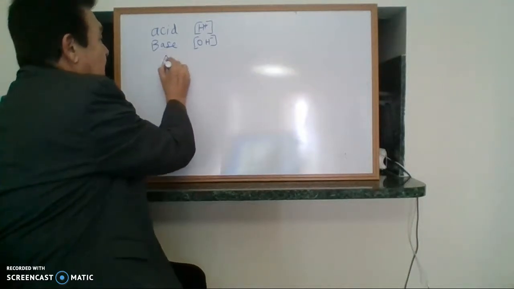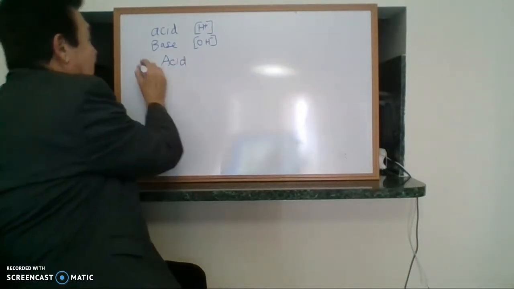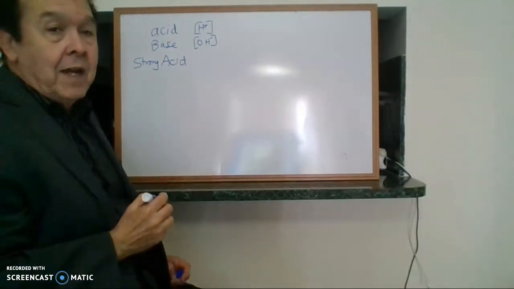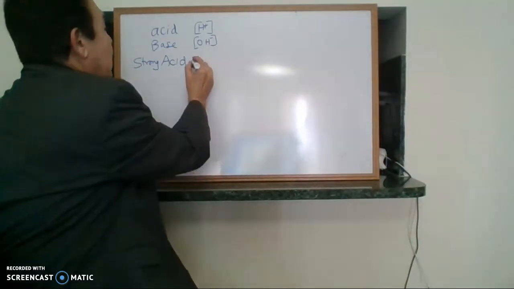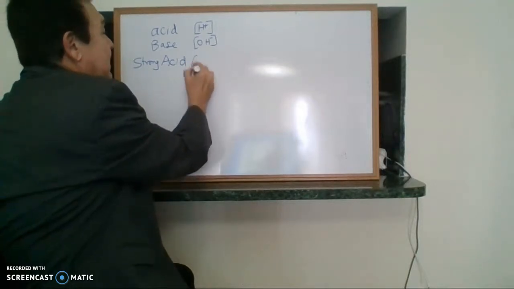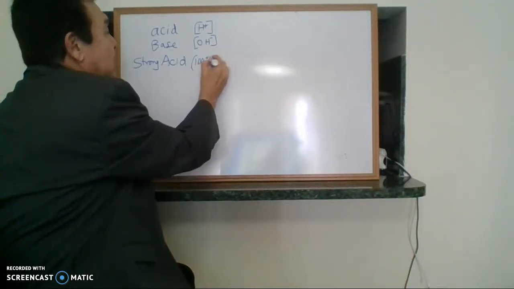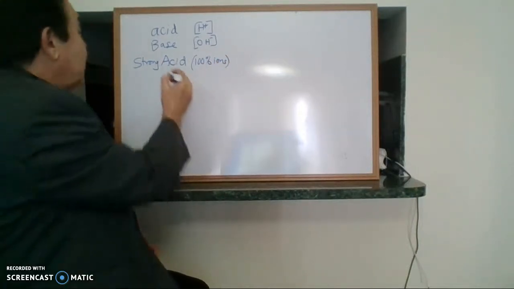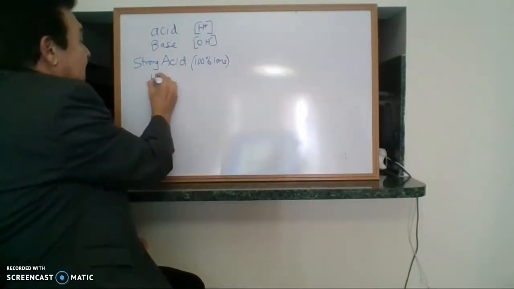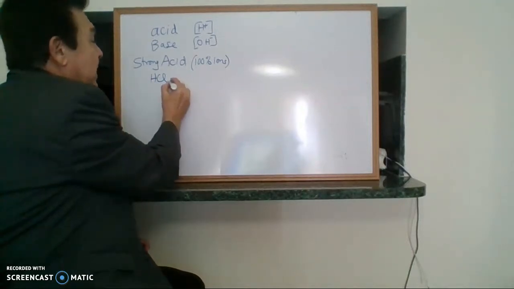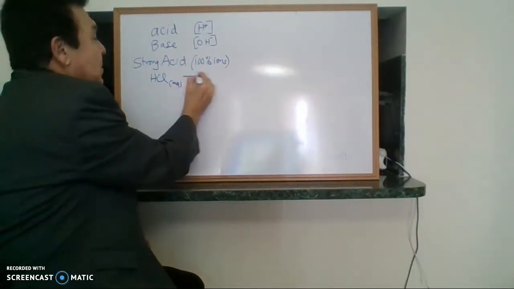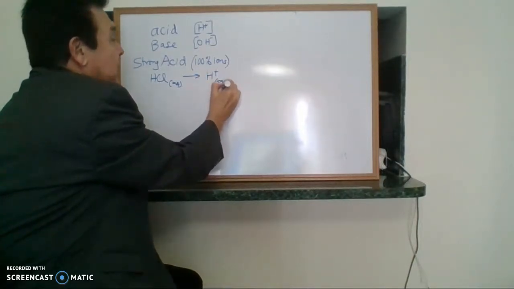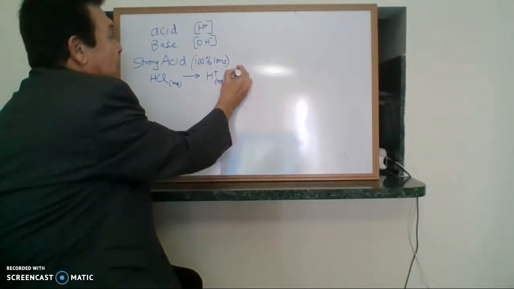If we are in front of a strong acid, the strong acid is completely ionized, 100% ions in solution. Then we can say that hydrochloric acid, for example, in aqueous solution, is completely in the form of hydrogen proton and chloride ion.